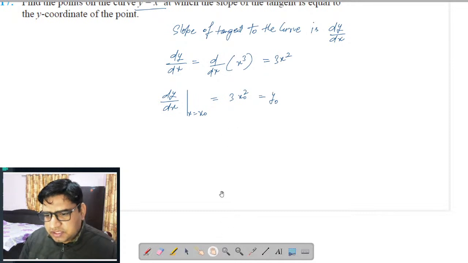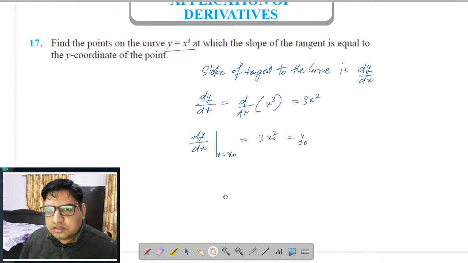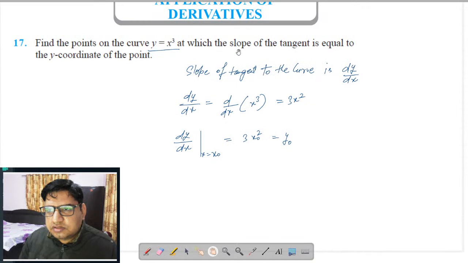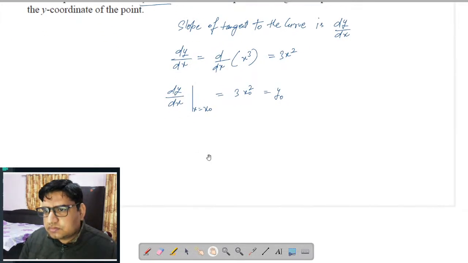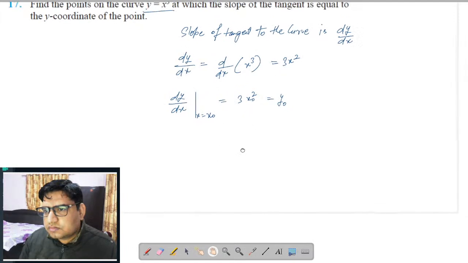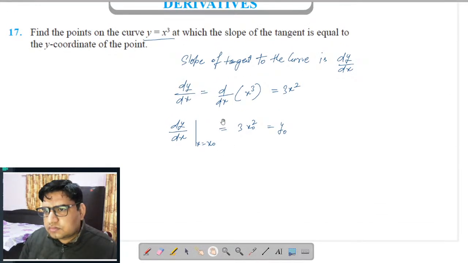So we'll simply use that equation. And what will y naught be? Let's substitute this into the given equation.